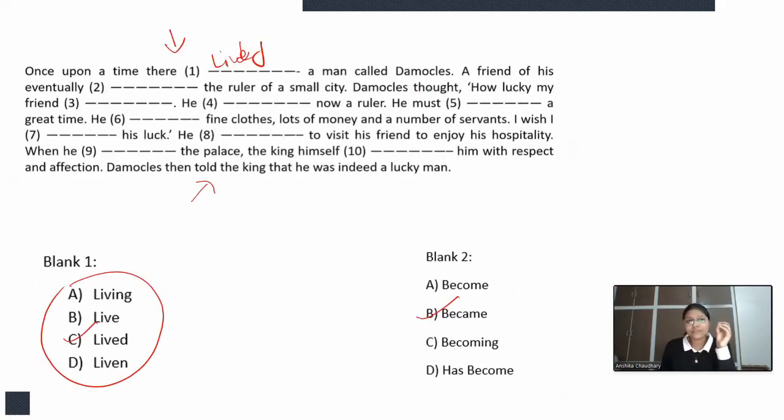Whenever we are talking about luck, we are talking about some standardization, destiny, some natural aspects. We will not use the past form of verb, like he was lucky. No, it should be how lucky he is or how lucky I am, right?